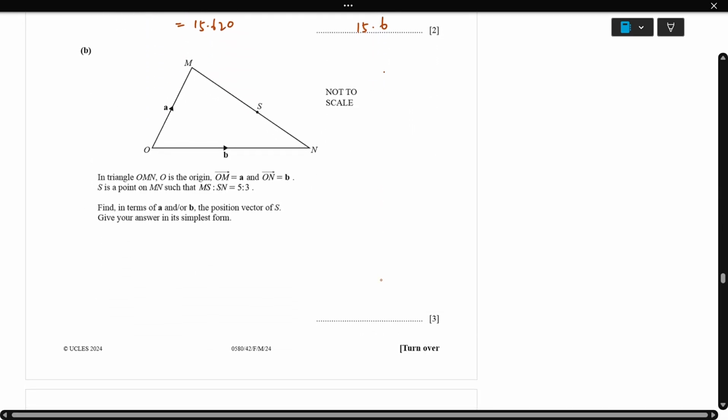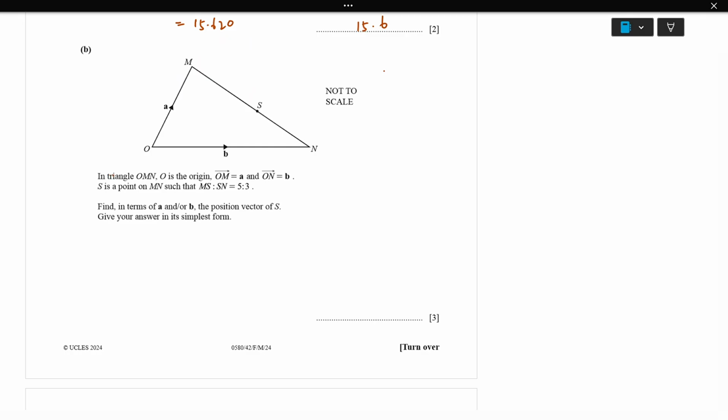Okay, the next part is a vector question. In triangle OMN, O is the origin, OM equals A, ON equals B, S is the point on MN such that MS to SN is 5 ratio 3. Find in terms of A and B the position vector of S. Position vector means OS, so we need to find OS. Before that, we need to find MN.